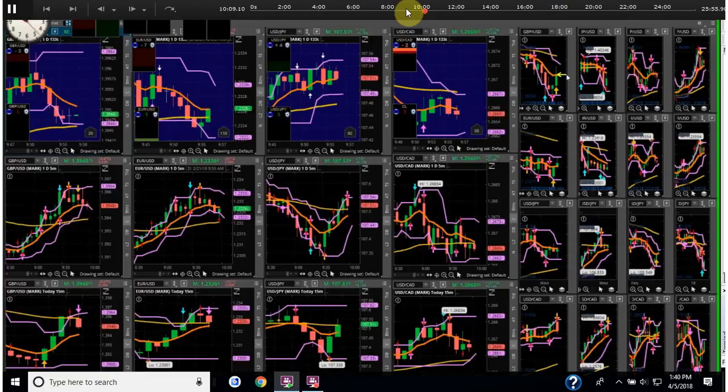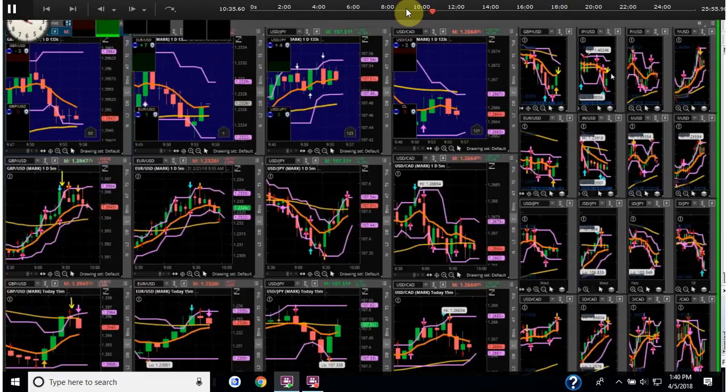So this UJ, if we're looking at it right now, it bounced off the weekly, it bounced off the daily, going down, going up, it bounced off this yellow, but it bounced off the bottom band, 4 hour, and bounced off the 1 hour band. So this probably is going to the 1 hour BB band because of the super arrow going up. So this is probably going to go up.